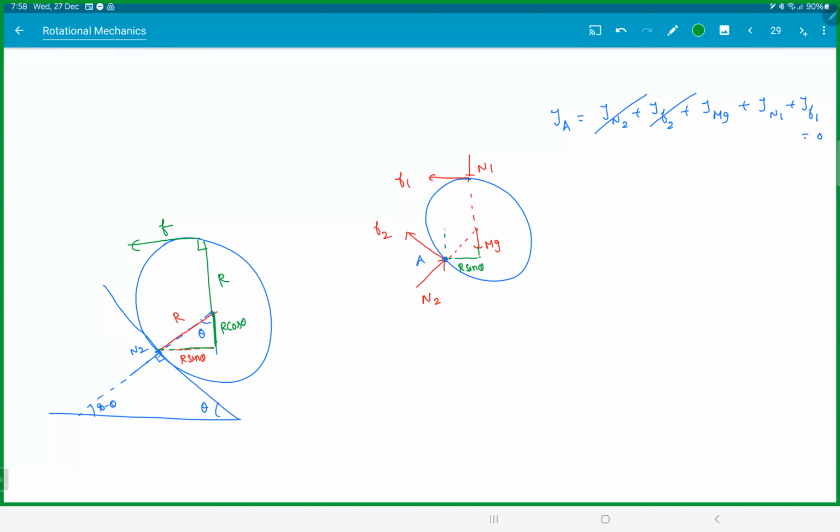Friction's perpendicular distance is r plus r cos theta. So N1 r sine theta plus mg r sine theta is balancing friction F1 times r plus r cos theta. N1 we already calculated as mg by 2. So F1 is 3 mg by 2 sine theta by 1 plus cos theta. Once I got F1, I got F2 also.